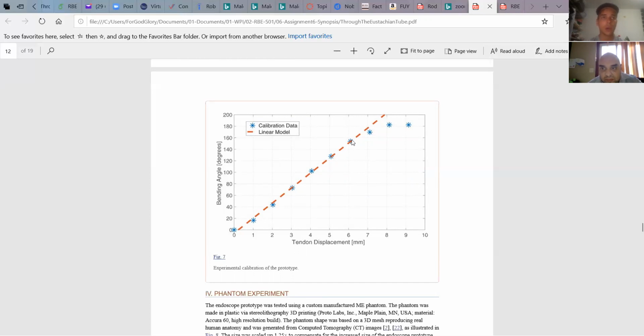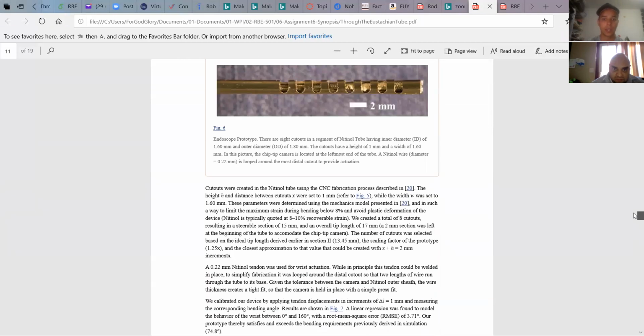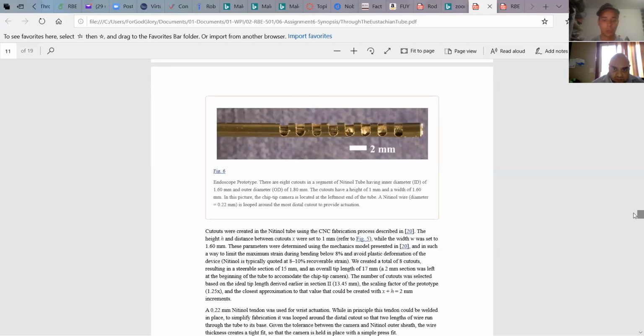So I'm just concerned about what methods they use and how well this robot can react to body movement, like normal heartbeats which vibrate and cause any type of movement.